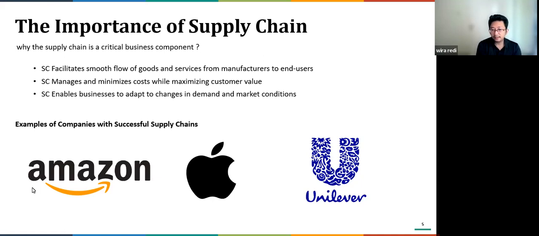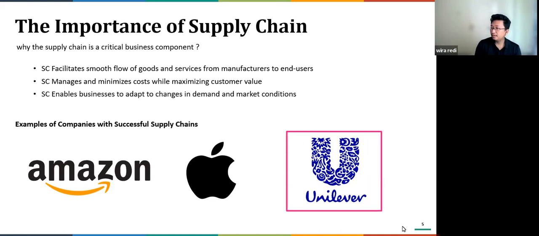What Unilever does best is that they use advanced analytics. This is another keyword. Unilever is currently known for their advanced analytics.